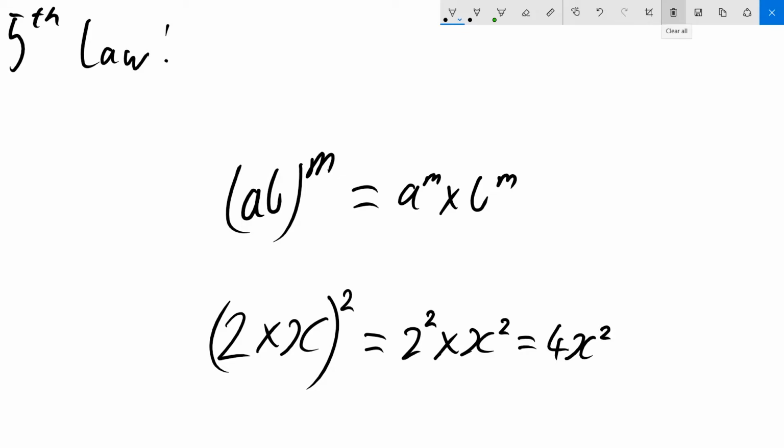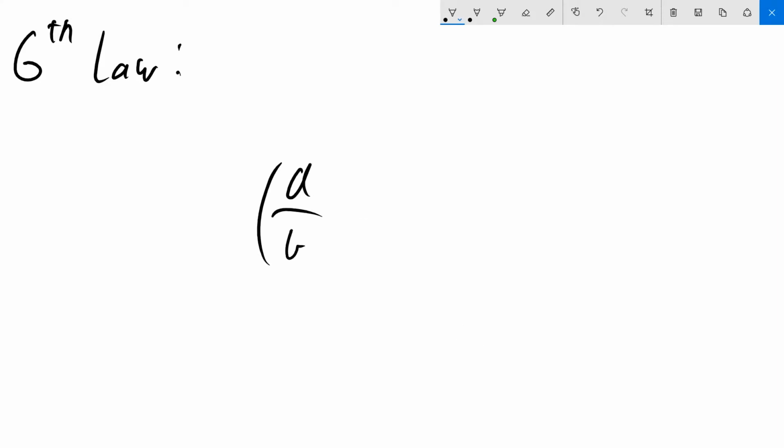Okay. Let's look at the sixth law. This I also think isn't really a law, but here we go. If we have a divided by b, and that's all to the power of m, that is the same as a to the m over b to the m.